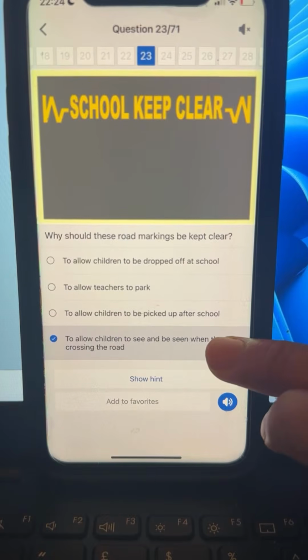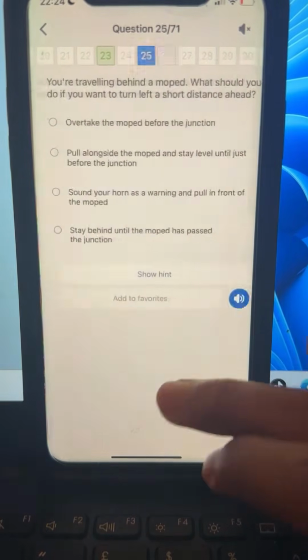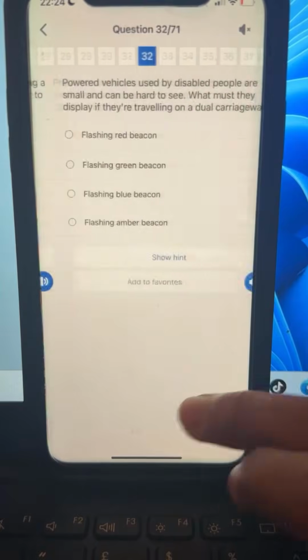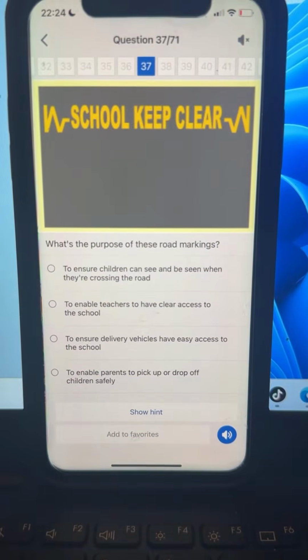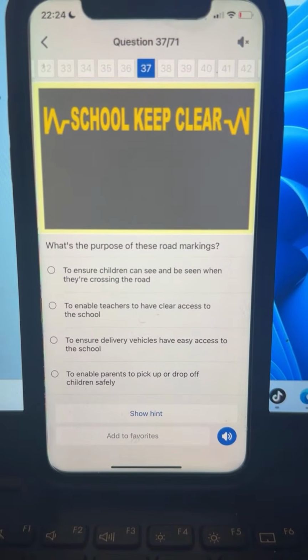Good answers coming so far. There's another one. So what's the purpose of these road markings? Can you see the road markings? It's going to be repeated whenever you see a line painted on the road, yeah?